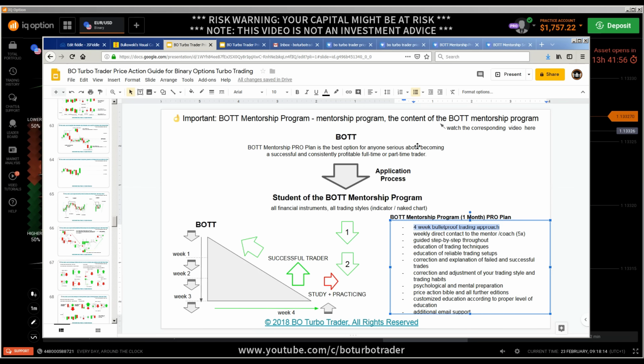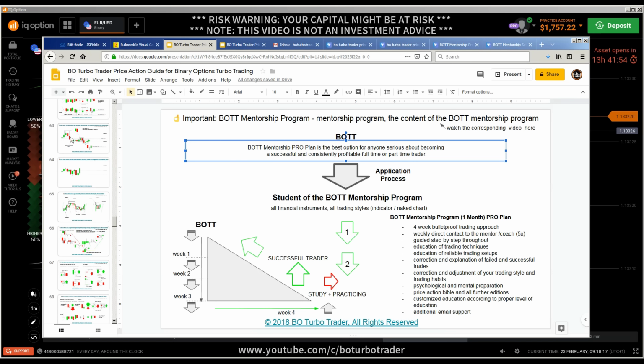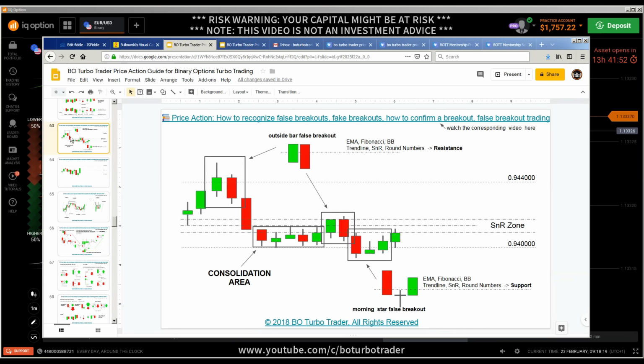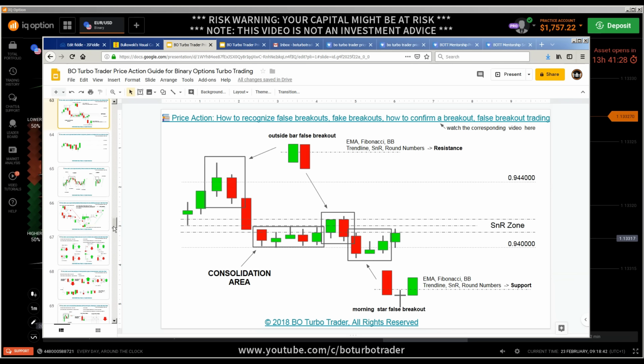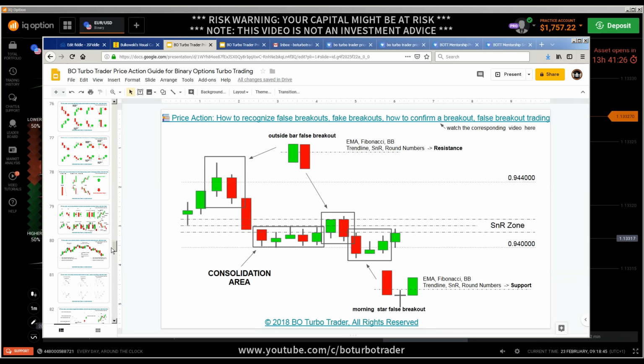Last time I showed you how to recognize false breakouts, what you should know about recognizing a false breakout, and how to confirm a breakout. You have seen that it's not based on only a few things. It's based on a lot of concepts, and this time we also have to cover a lot of concepts, and you need to understand a few too.